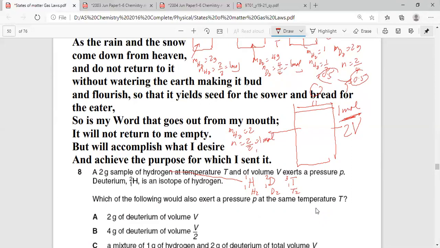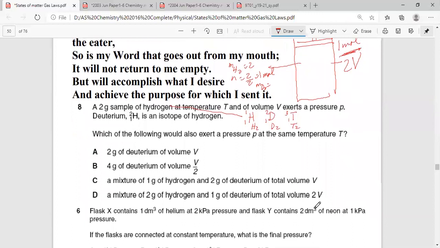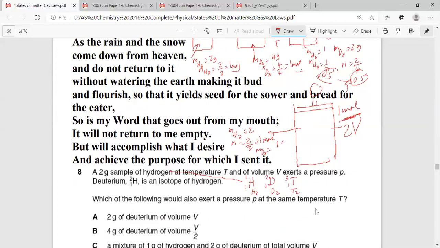So mass of deuterium, how much is it? Mass of deuterium is 1 gram. So number of moles of deuterium is equal to 1 over 4, 0.25 moles. So the total number of moles is 1.25 moles.